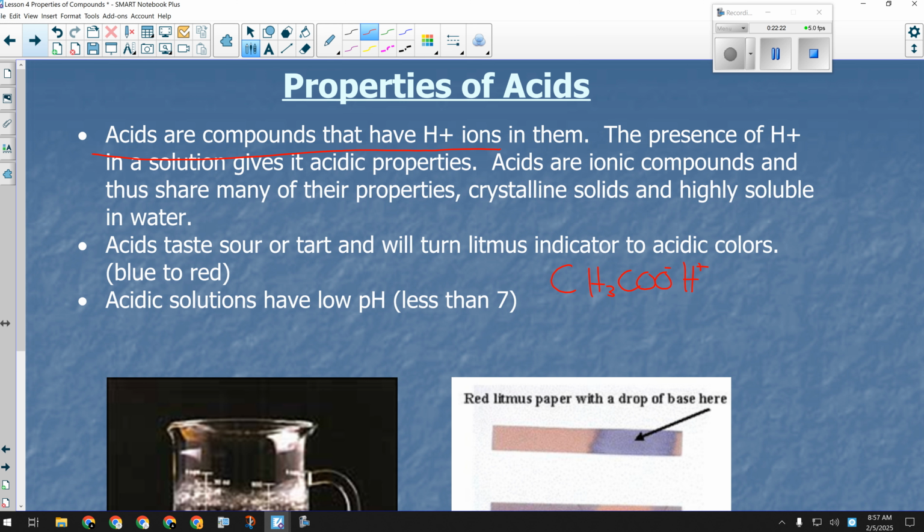All right, acidic solutions always have a pH of less than 7. So acids are low in pH, bases are high. They will typically turn litmus indicators to acidic, that is red colors.